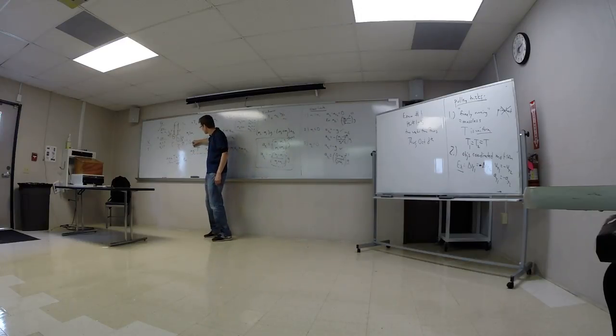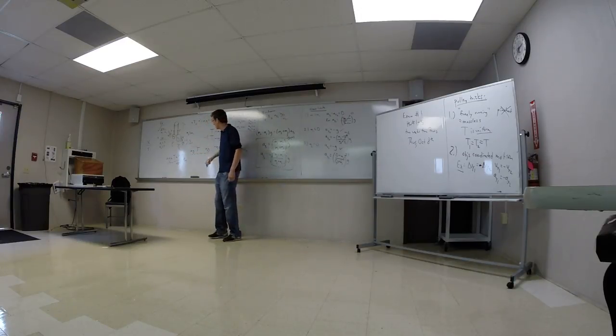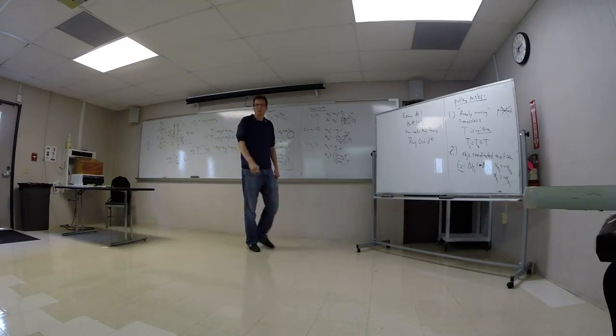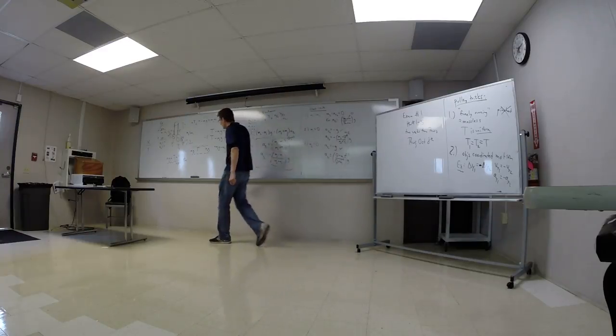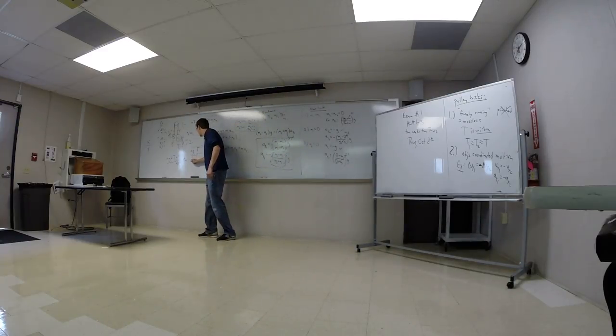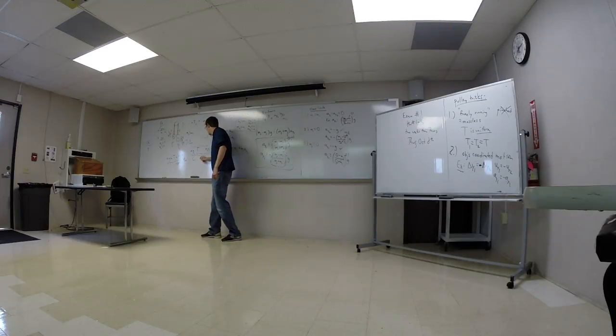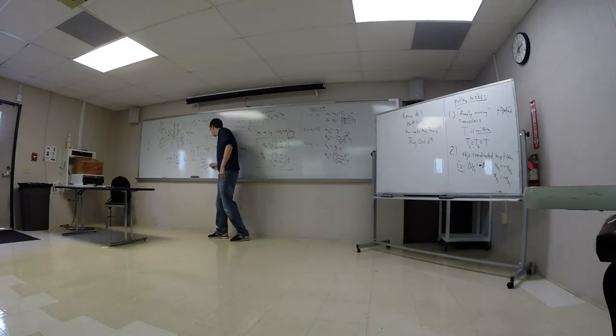The tension is actually closer to the smaller mass or smaller weight and further from the bigger weight because the difference of these two is the net force on 1, and the difference of these two is the net force on 2.